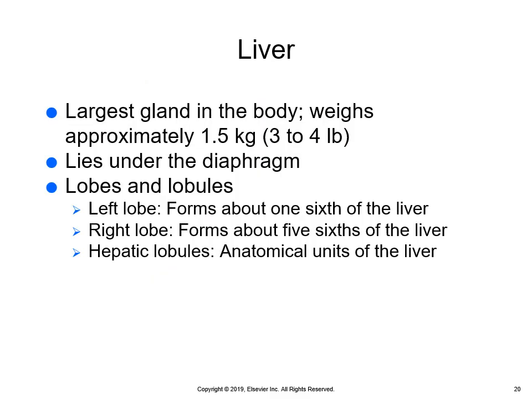Now we're going to talk about the liver. And the liver is considered to be the largest gland in the body. So not the largest organ, but the largest gland in the body.